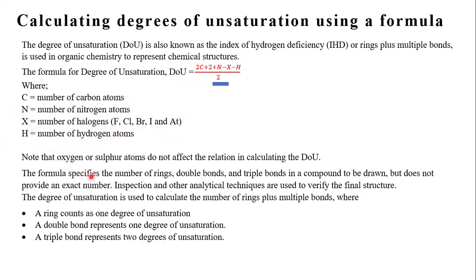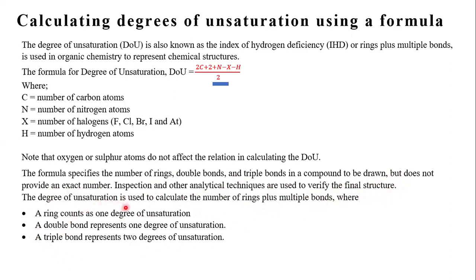Note that oxygen or sulfur atoms do not affect the calculation of the DOU. The formula specifies the number of rings, double bonds, and triple bonds in the compound to be drawn, but does not provide an exact number. Inspection and other analytical techniques are used to verify the final structure, like NMR spectrometry.